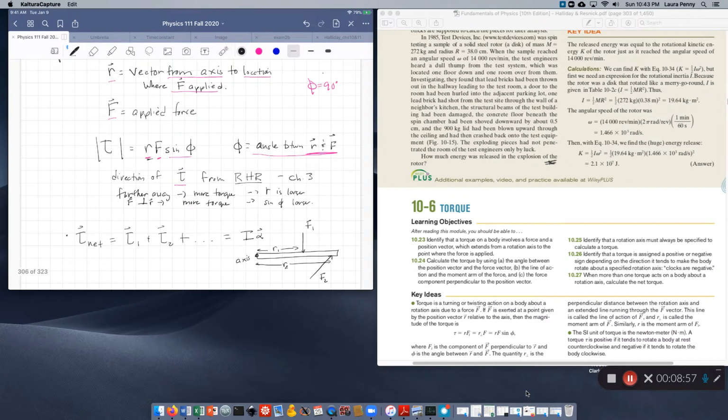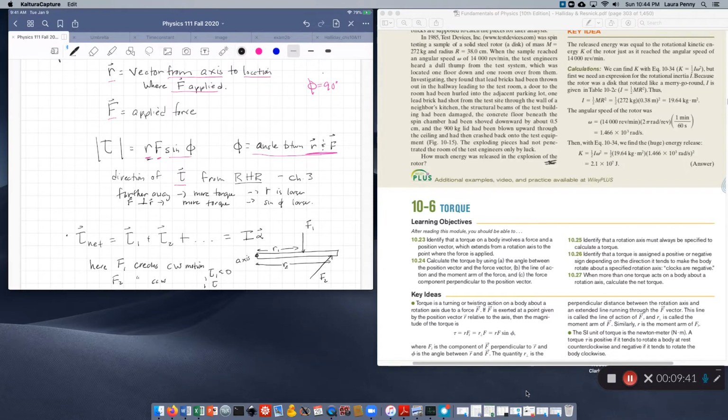Notice that in this situation, force 1 on its own is trying to create clockwise motion. So torque 1 would be a negative torque, where F2 is trying to produce counterclockwise motion.